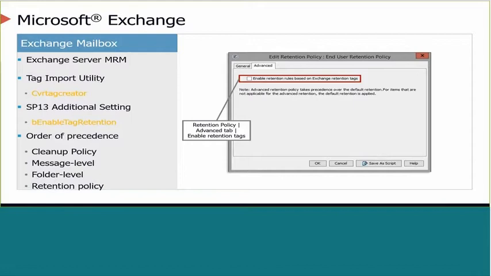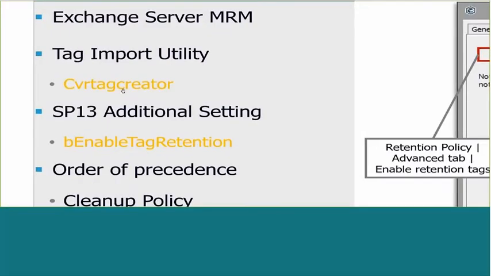And what Commvault has done here is, rather than force people to adapt or change and simply use only the rules that are available through the Exchange client in Commvault, we can actually, in Service Pack 13 here, import those tags or rules from the Exchange server into the CommCell.